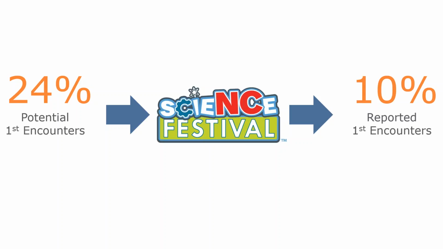Some of them went to a local library program that featured a science topic, but not necessarily a scientist. So one thing that we haven't done yet, but that we need to do, is to go back through the data and identify, of the 14% that we're missing here, how many of them really did have an encounter that they didn't even recognize, and is that important?